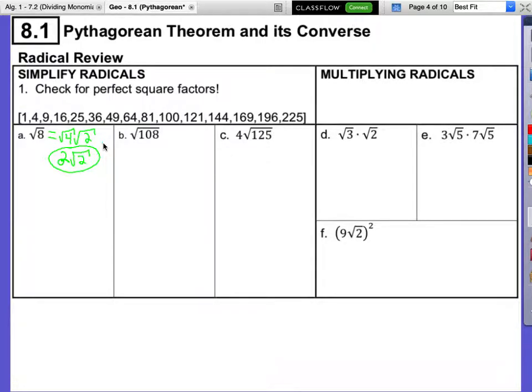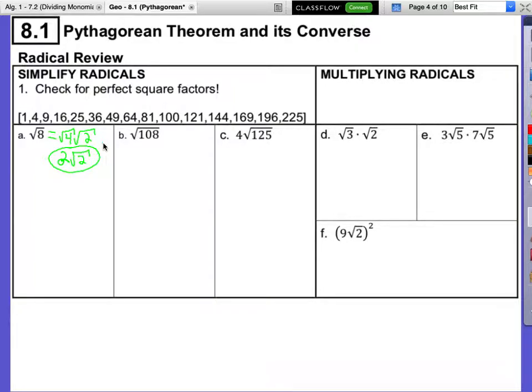Okay, square root of 108. Now we might not know off the top of our head what perfect squares can go into that, but we want to look for our biggest perfect square factor. So I think 100 might go into it. Does 100? No. Okay, how could we get some help on this?